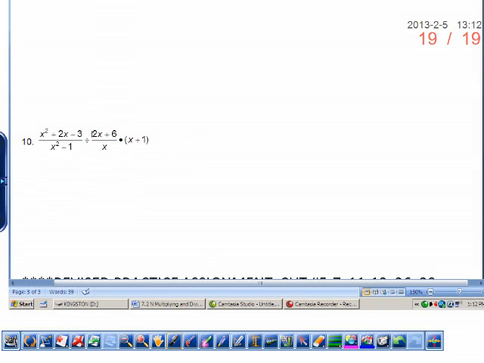So this 2x plus 6 over x is the only expression you're going to flip. Okay? So let's keep our first one. Change division to multiplication. Flip the next one. And then what happens to that x plus 1? It stays in that numerator, x plus 1. You can put this over 1 if it makes more sense to you.